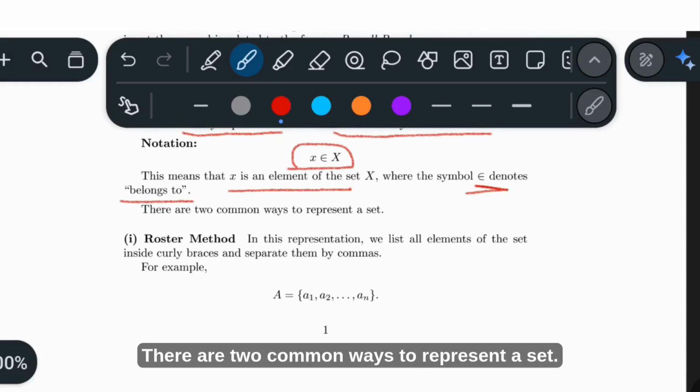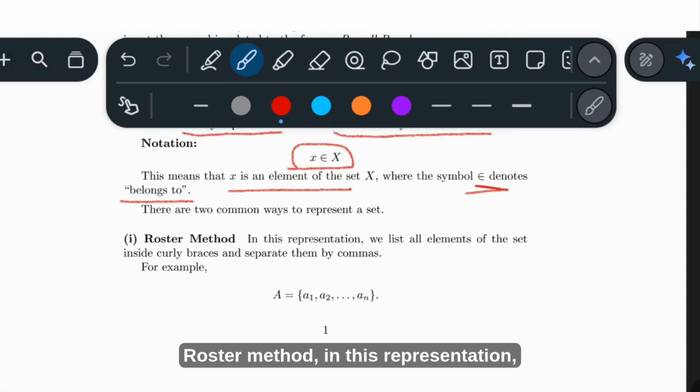There are two common ways to represent a set. The first is the roster method. In this representation, we list all elements of the set in curly braces and separate them by commas.